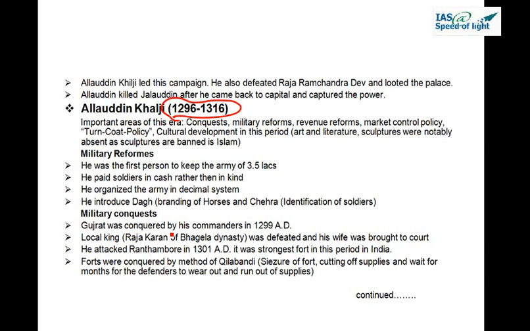In 1294 AD he led the first Turkish expedition to southern India and plundered Devgiri. The successful expedition proved that Alauddin was an able military commander and efficient organizer. In 1296 he murdered his uncle Jalaluddin Khalji and crowned himself the Sultan.